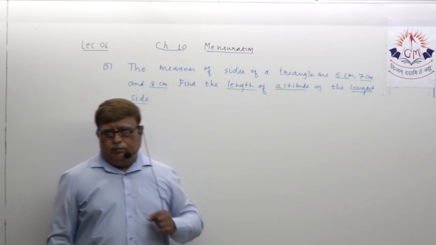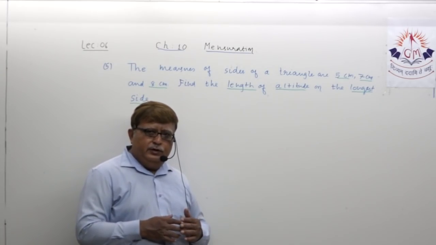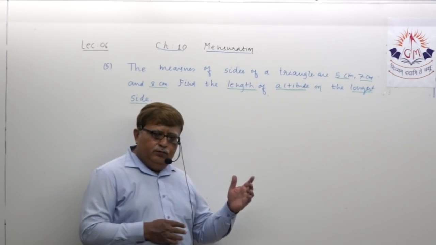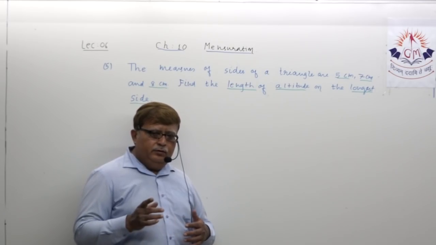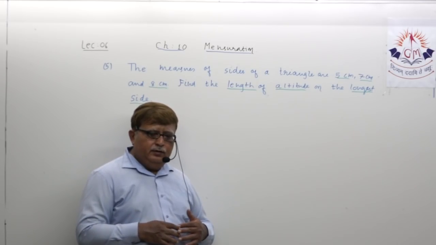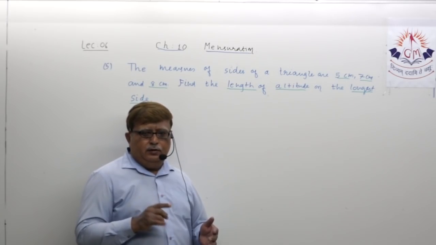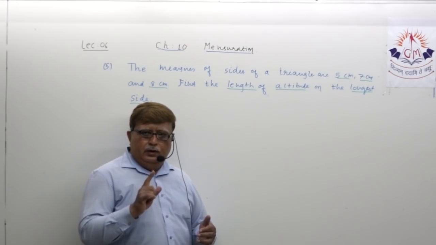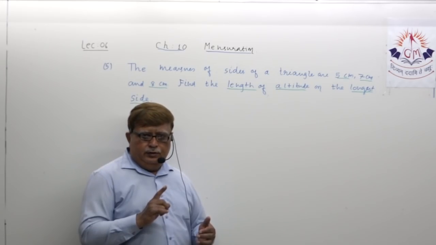You know one formula of area of triangle which we were utilizing in area of rhombus and area of trapezium. Can you remind that? What was that formula? Area of triangle equal to half into altitude into base.